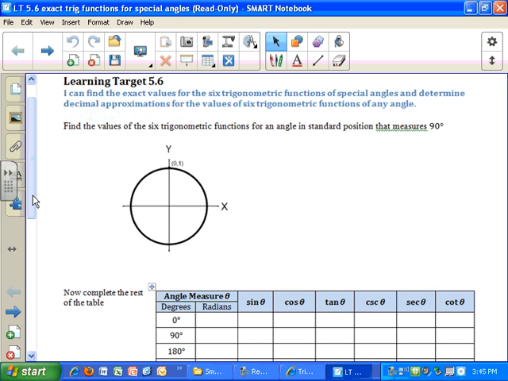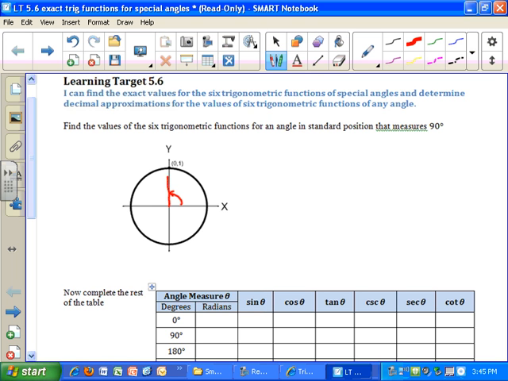For example, if I asked you to find the values of the 6 trig functions for an angle in standard position that measures 90 degrees, I know that 90 degrees is right there, and so I've got the point 0, 1. We talked about this in the previous learning target, that sine is associated with the y value. So if I asked, what is the sine of 90 degrees?